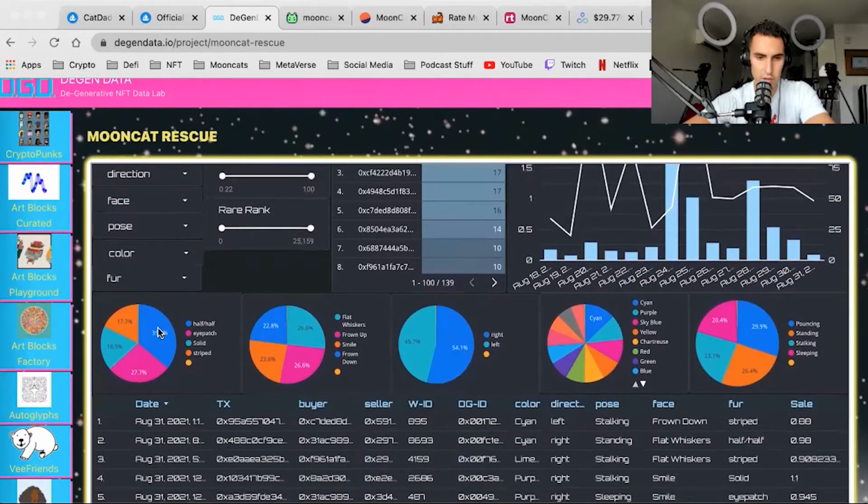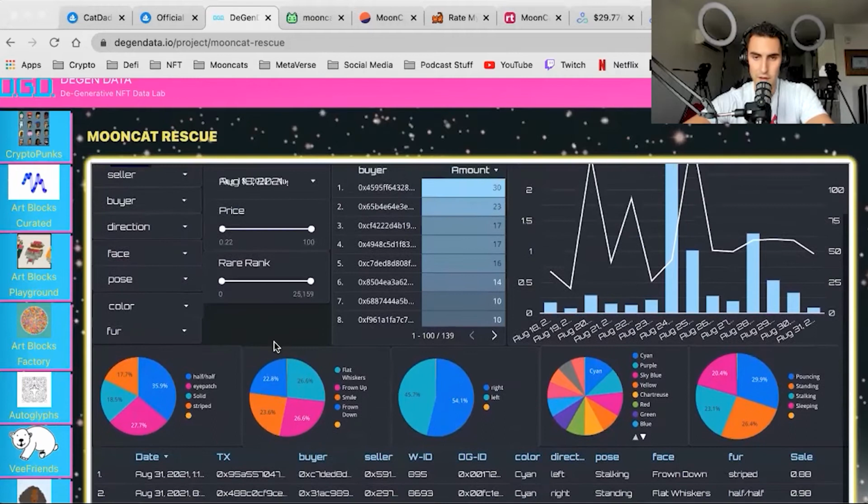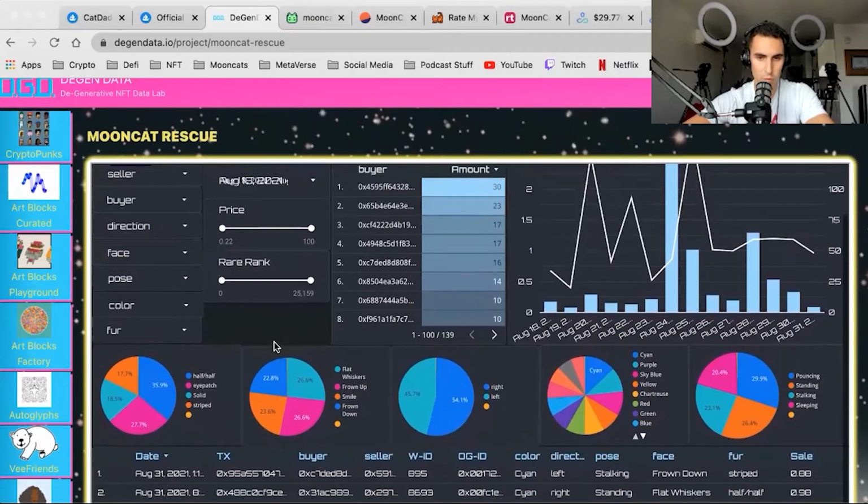As it shows on here, for the properties of the Mooncats, you can see a lot of it is really distributed. That's kind of a turnoff for some people, because it's not your typical profile picture avatars that have basic rating numbers and are easy to dissect. Here, you have to look more into it because it's a historical project. As you see, the eye patch and these pie charts are pretty equal.